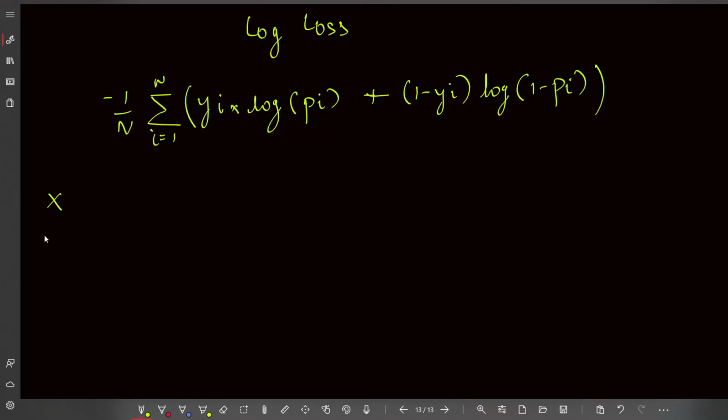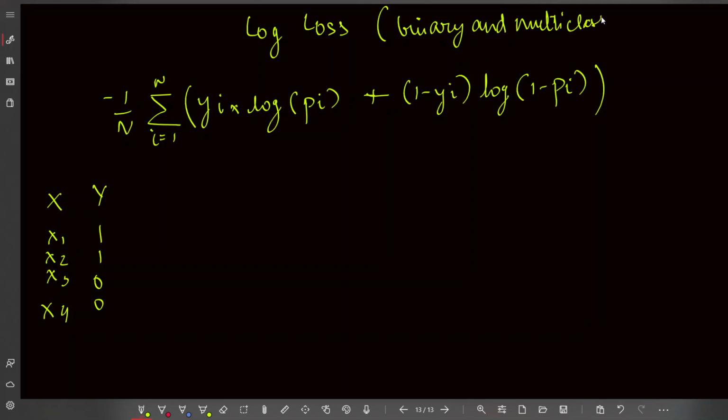Let's say I have data points x1, x2, x3, x4, and their class labels are y: 1, 1, 0, 0. Now, before I forget to mention something: log loss is used for binary and multi-class classification only. That's what it's used for.